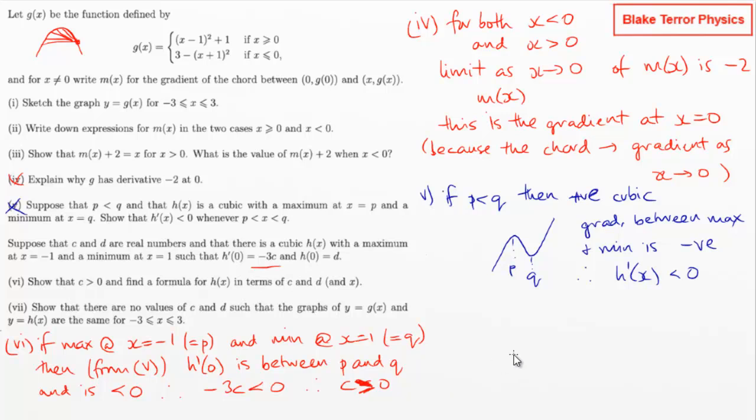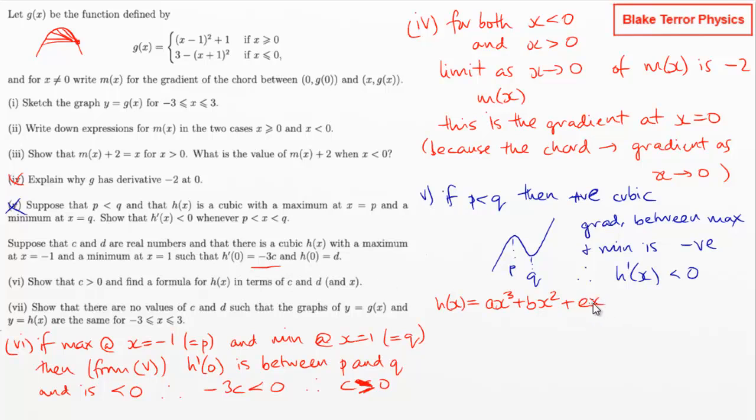Right, find a formula for this particular cubic. So let's go to a general cubic then. We could say that h function of x is equal to ax cubed plus bx squared plus, I can't use c, can I? Or d, yeah, d is still going to be d. Let's call that e then.